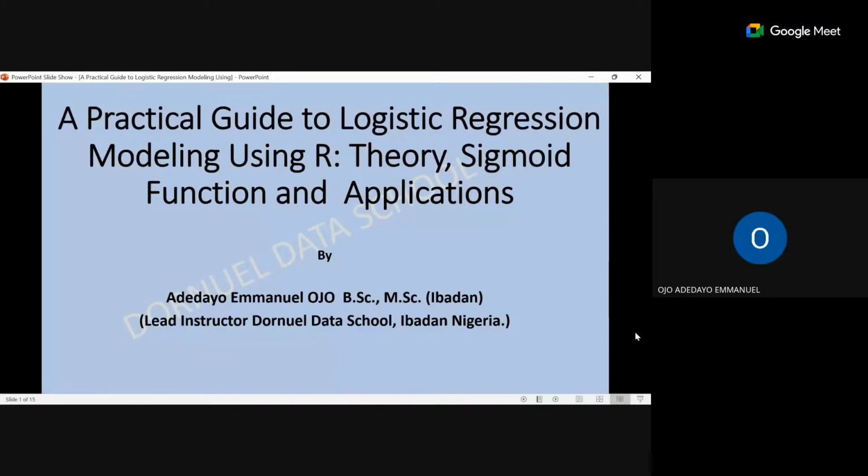Tonight we're going to be looking at what we call a logistic regression. What do we understand by logistic regression? I'm going to take it step by step, so that we won't bother ourselves too much.